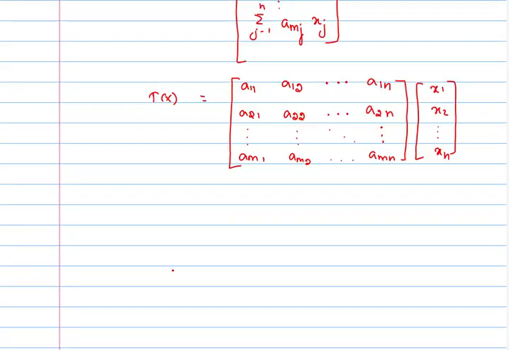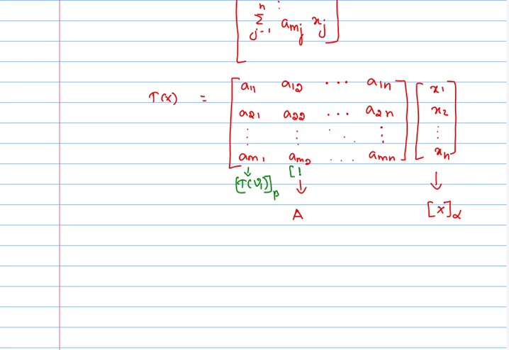We can write it. This is the matrix A, and this is the coordinate vector of x with respect to alpha. So what is the matrix A? It is the column vectors of T(v1) beta, T(v2) beta, up to T(vn) beta.